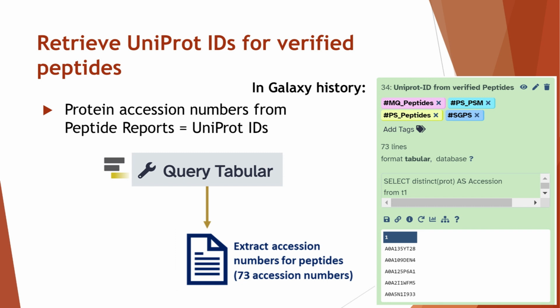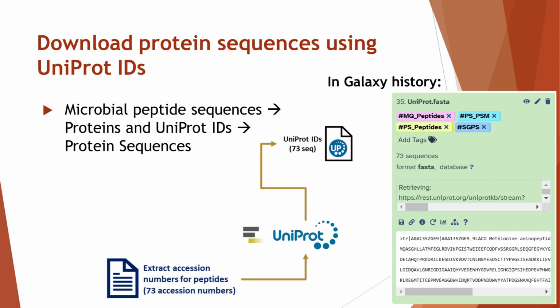In our second use of Query Tabular, we will extract the list of UniProt IDs. At the time of this video, we obtained about 73 UniProt IDs. These will be fed into the UniProt tool. The UniProt tool will download the protein sequences that are identified by the UniProt IDs we obtained.